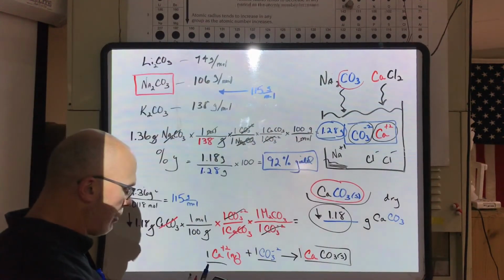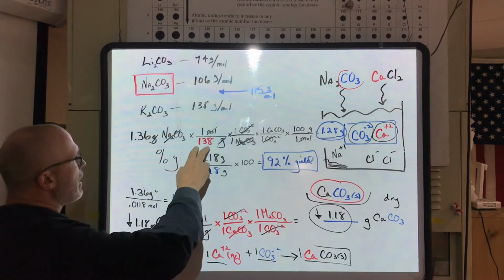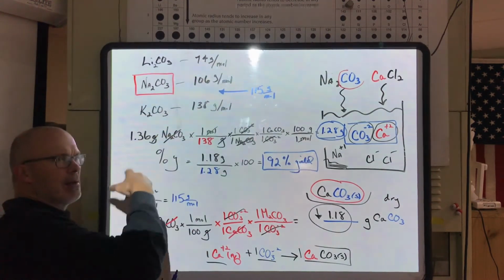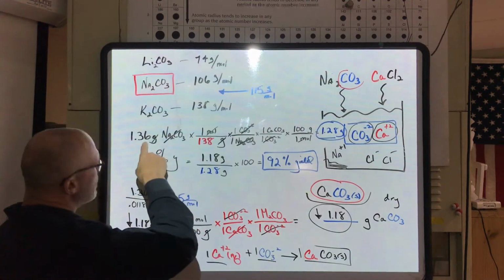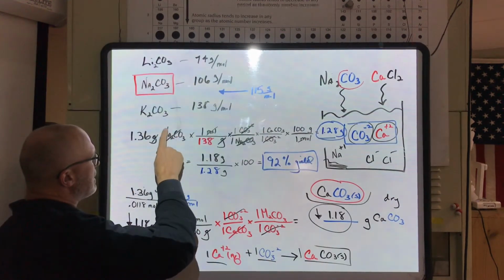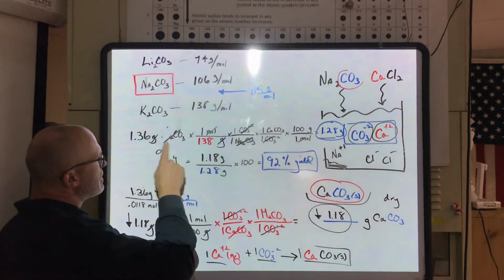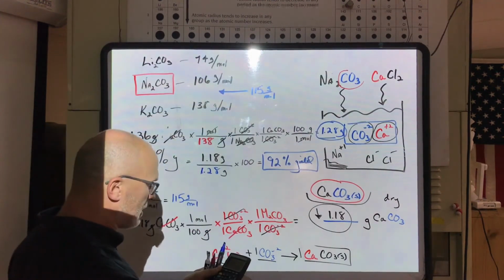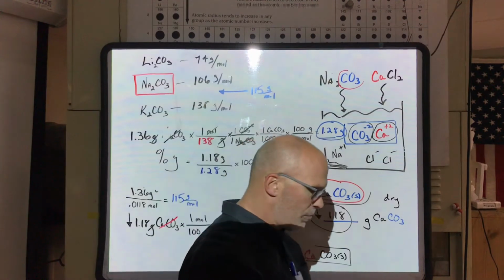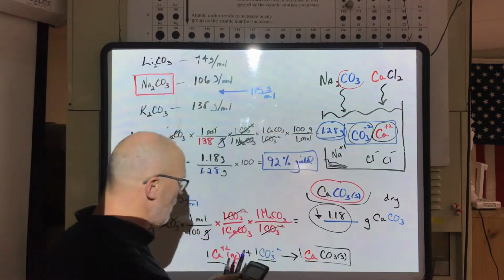So 1.36, and why is this 138? Well, potassium is a more massive, heavier atom. So if you divide the same, and by the way, this will be now K, right, 2. Same value here, you're going to get less moles. But in any case, 1.36 divided by 1.38, okay?